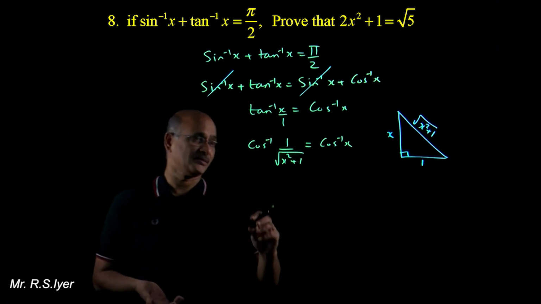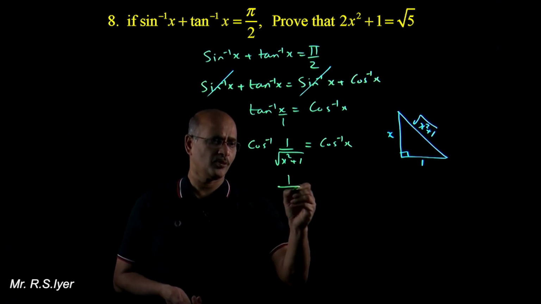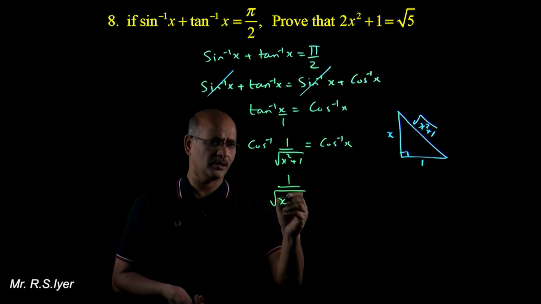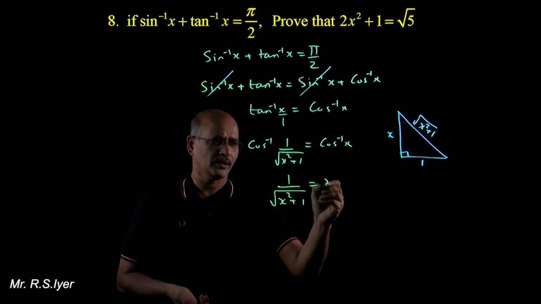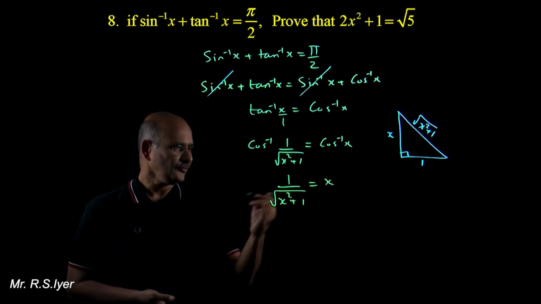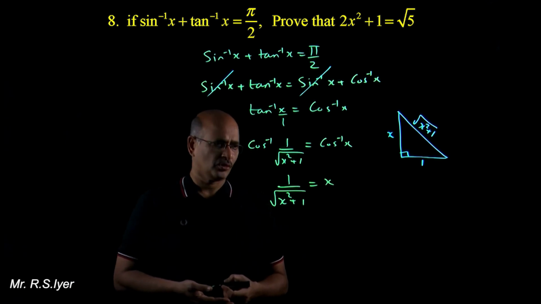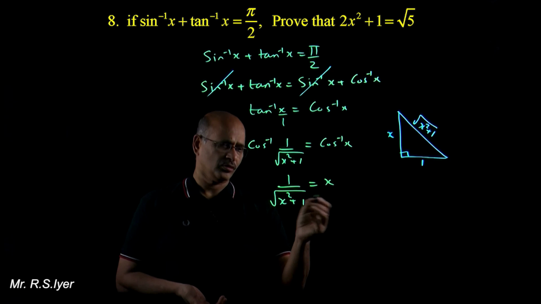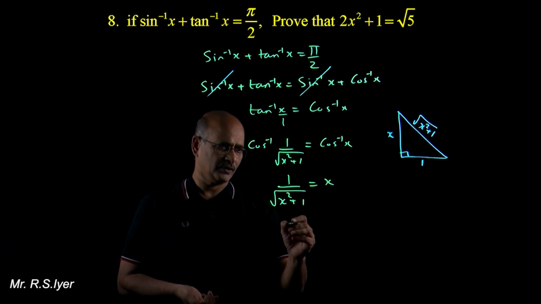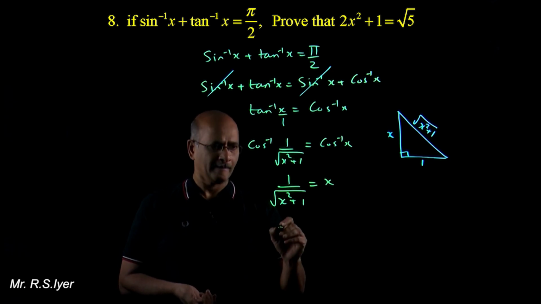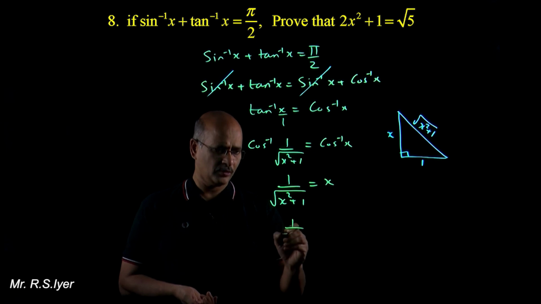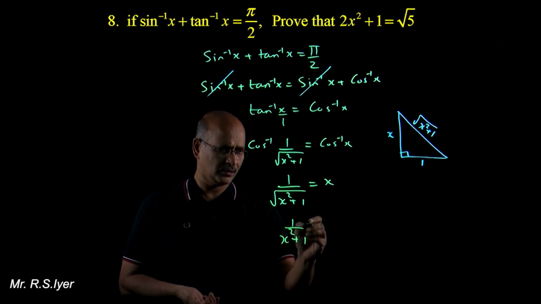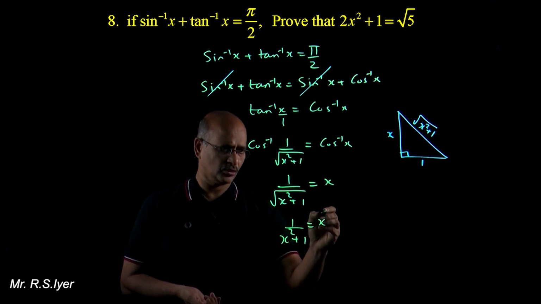Now what happens, let me see. This is 1 upon root of x square plus 1 is equal to x. Square both the sides. So if I square both the sides, this will be 1 upon x square plus 1 is equal to x square.